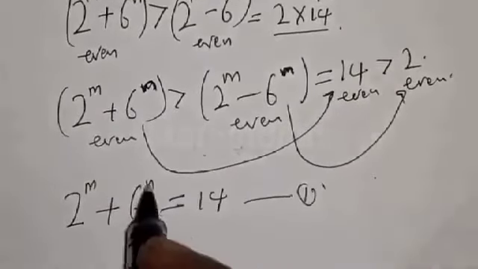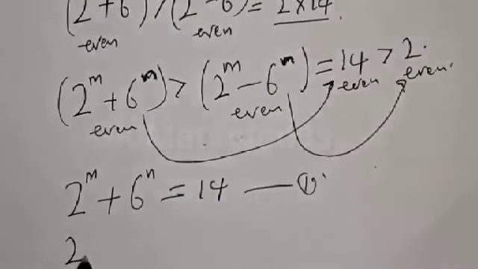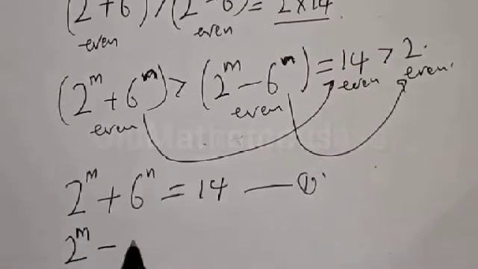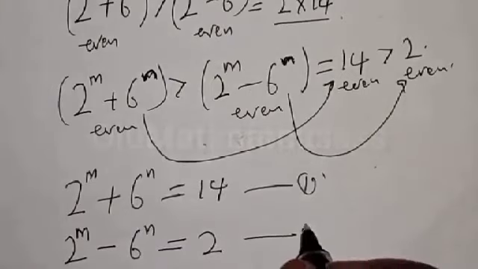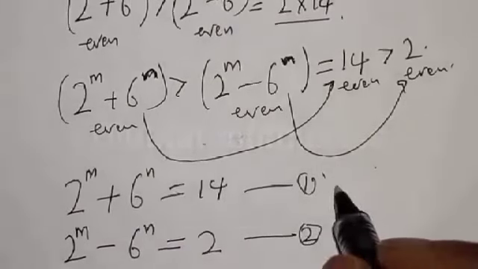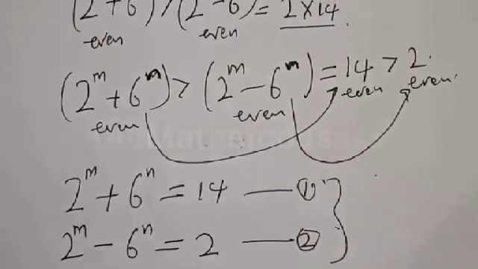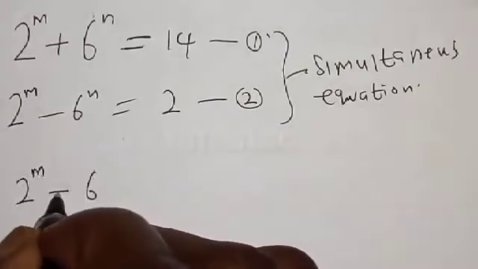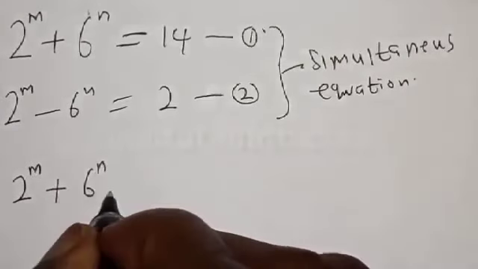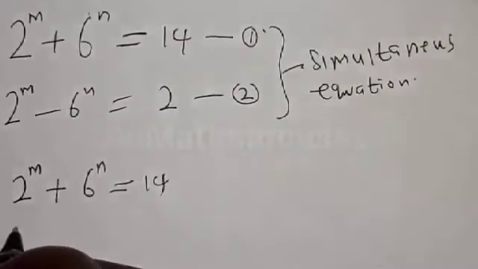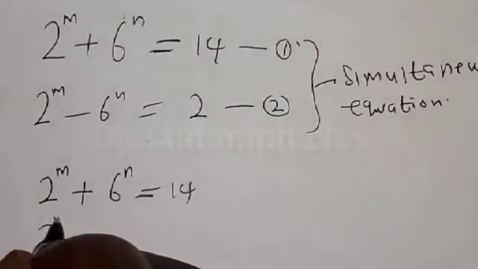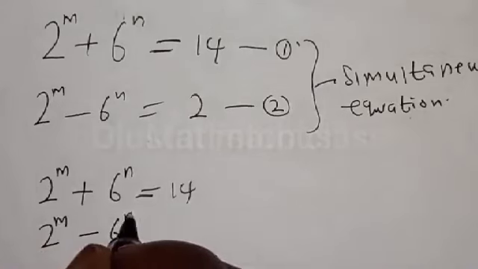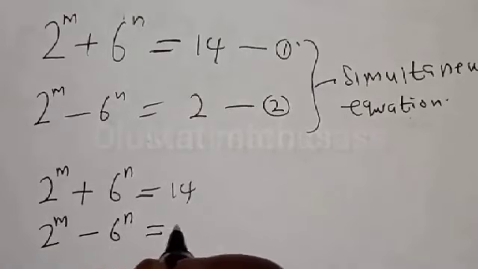And we also have 2^m minus 6^n is equal to 2. Let's call this equation 2. Now, this is a simultaneous equation. Let's solve using the elimination method. We have 2^m plus 6^n is equal to 14, and 2^m minus 6^n is equal to 2.